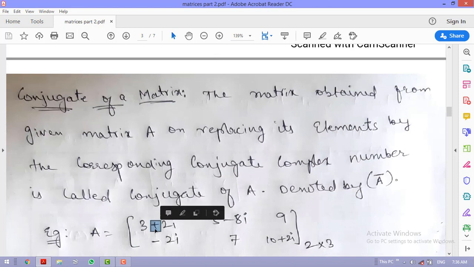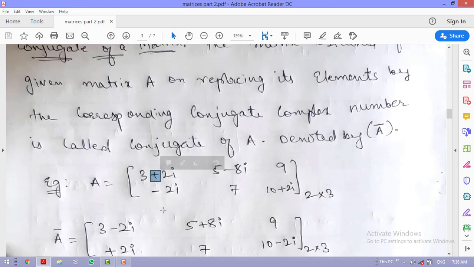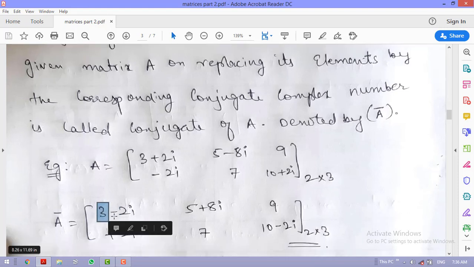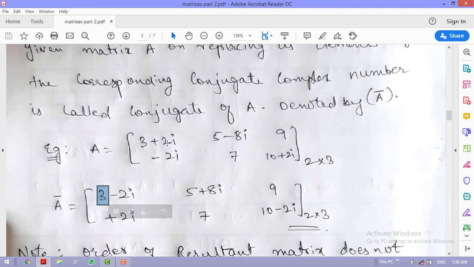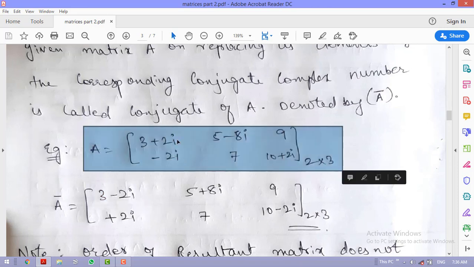Like here you have 3 plus 2i, so if I write the conjugate of that, it will be 3 minus 2i. Here you can see that I am only changing the sign of the imaginary part, like 2i. I didn't change any sign of 3 because it's not imaginary. So you just have to change the sign of the imaginary part. Let me read it out: A equal to 3 plus 2i, 5 minus 8i, 9, minus 2i, 7, 10 plus 2i.